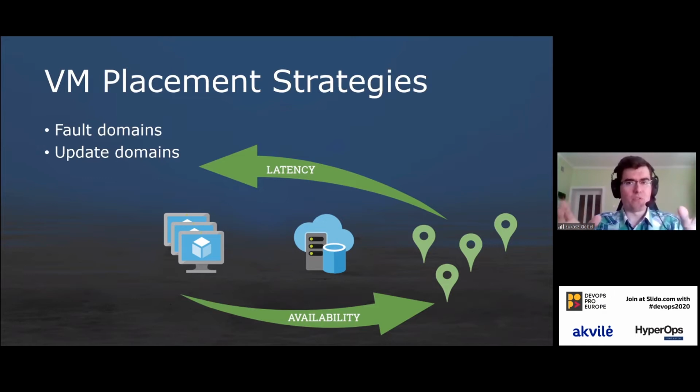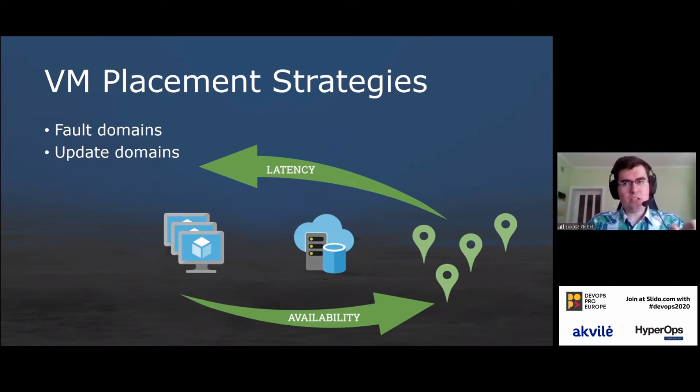So if you have a couple of machines, you could put them on different racks, and these fault domains make it more available because they may have, for example, different power supply. So if one rack goes down, the other racks are still up and your system works. And update domains work the same way. However, they are used when the cloud provider needs to do some maintenance, update your software or hardware, and then you're sure that not all of your racks will go down, but it will be done sequentially using these update domains.